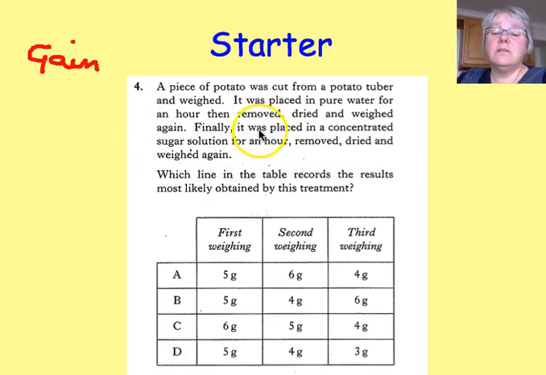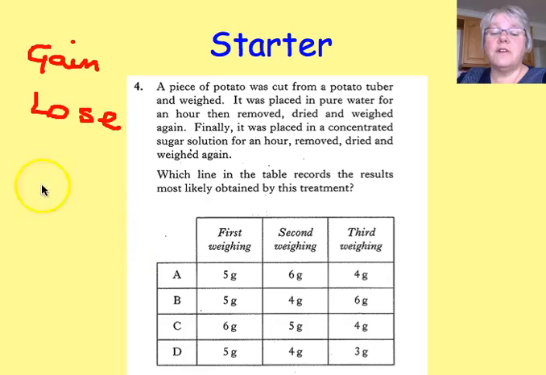So this time round, the water will move out of the potato cell into the surrounding sugar solution because it's got the lower water concentration, so the cell will lose weight. So when we look at the results down here, we're going to have to look for results that will match this pattern.